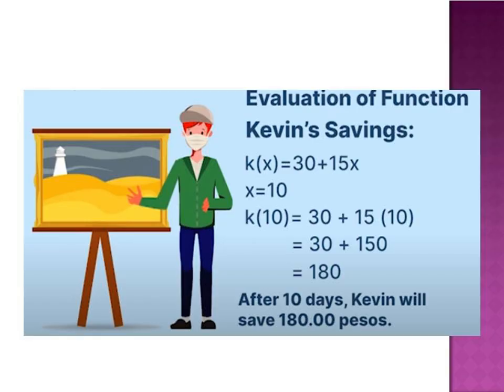In the order of operations, we take 15 times 10 first, and that is 150. Then we will add 30 and 150, which is equal to 180. Now, 180 is our output, and we say that after 10 days, Kevin will save 180 pesos.